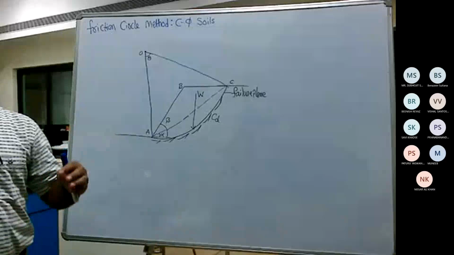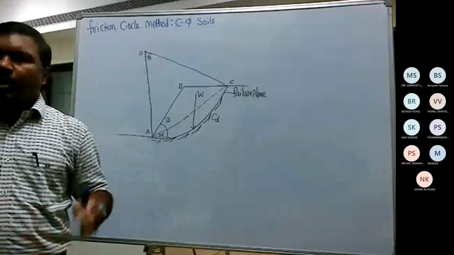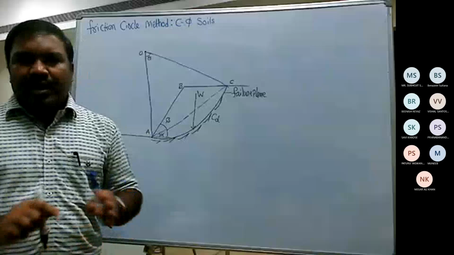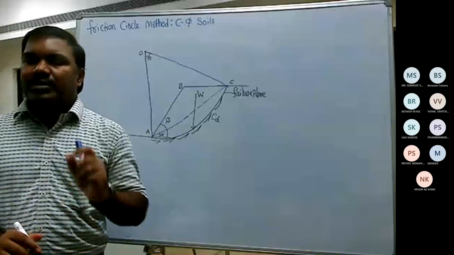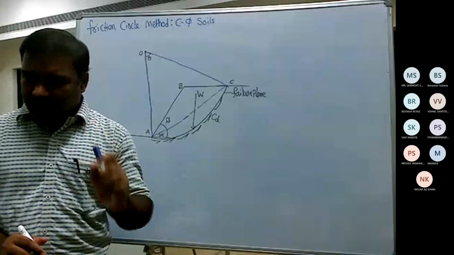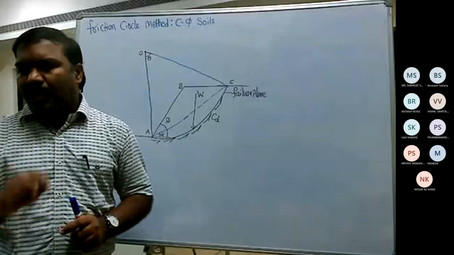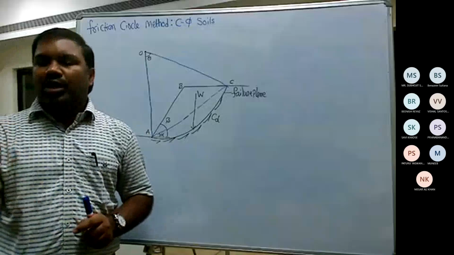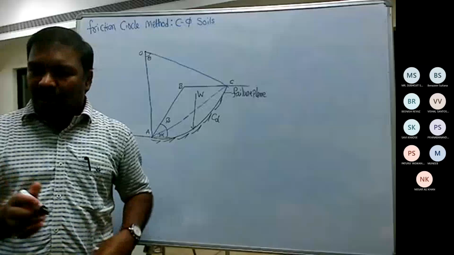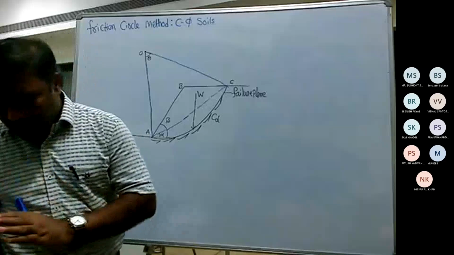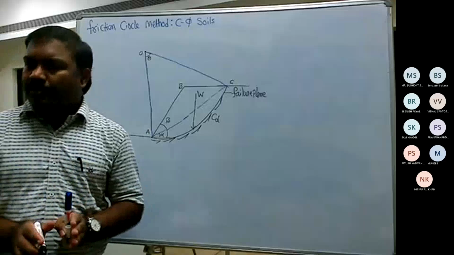To understand how many circles, that is practically impossible. What they have done is, instead of simply demarcating a single point as the center of the circle, they have taken a bigger circle, within which there may be a possibility of falling the center of that particular slip circle.